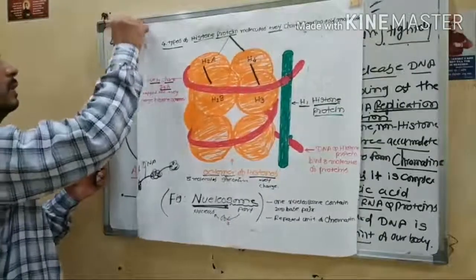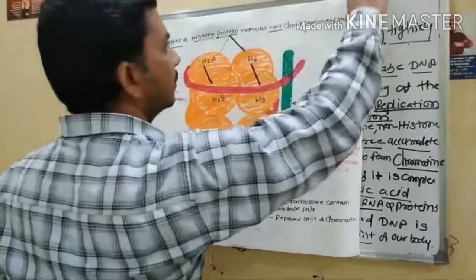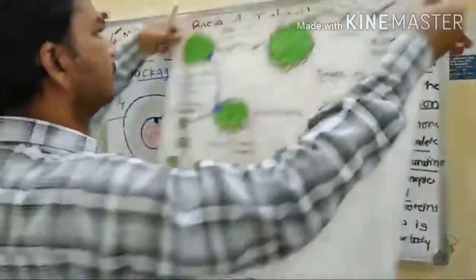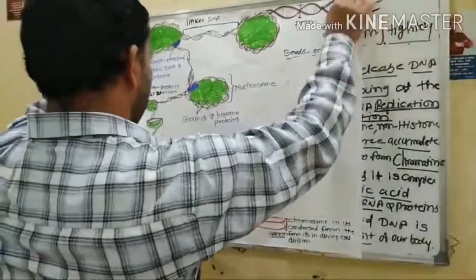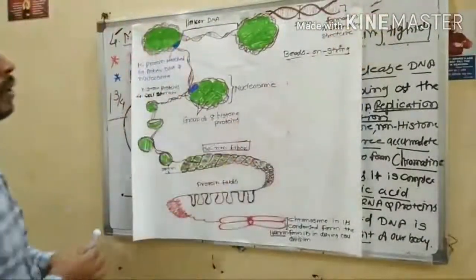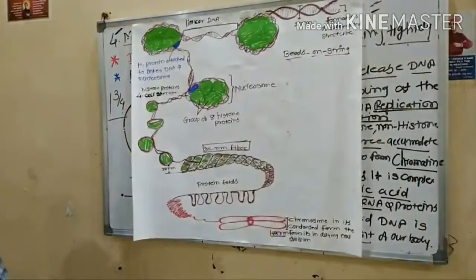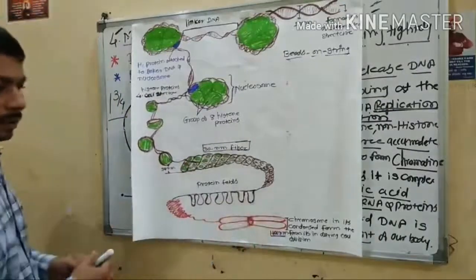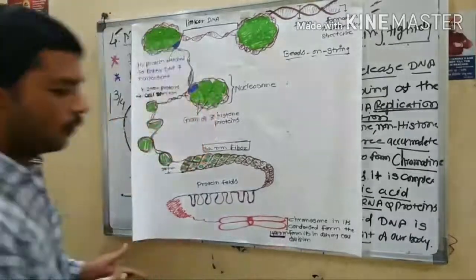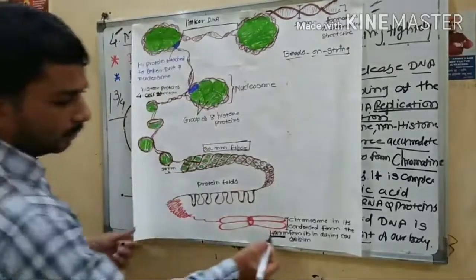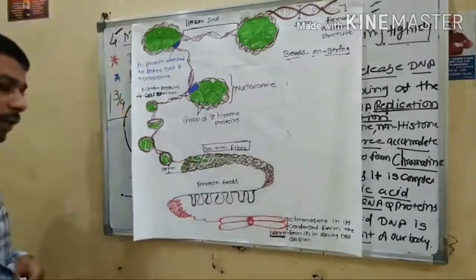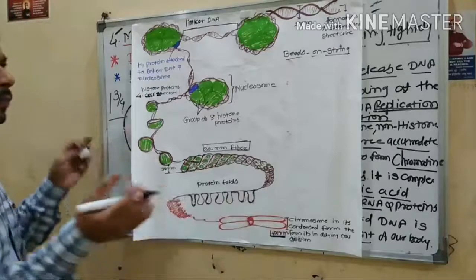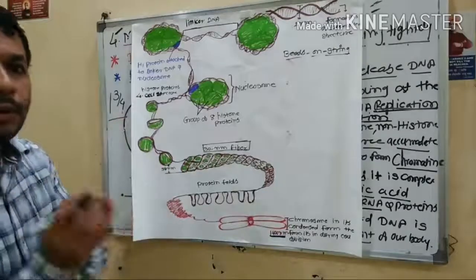We can observe this in our next diagram. We have another diagram here. In this diagram, we can discuss how the chromosome, whose size is 400 nanometer, is combined in our small nucleus.